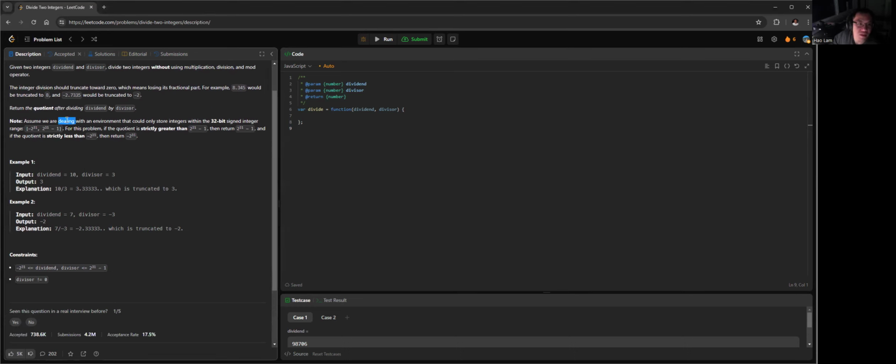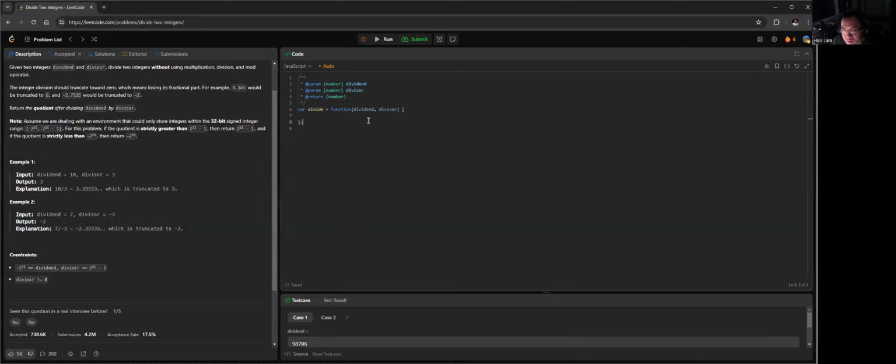And then we have to return the quotient, which is the result after we divide. We are dealing with an environment where we could only store 32-bit signed integers, so only negative 2 to the 31 to 2 to the 31 minus 1.